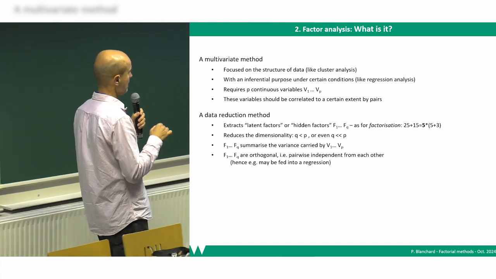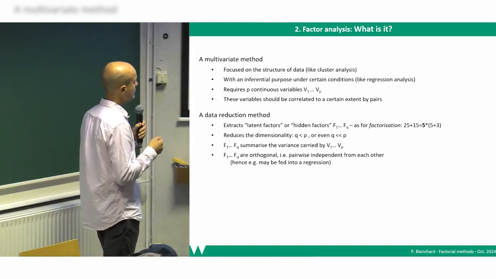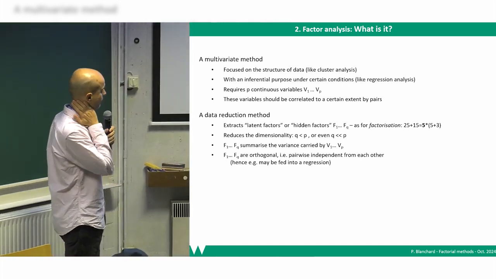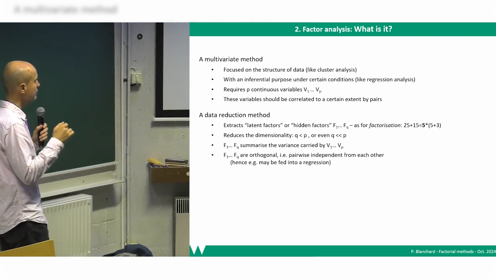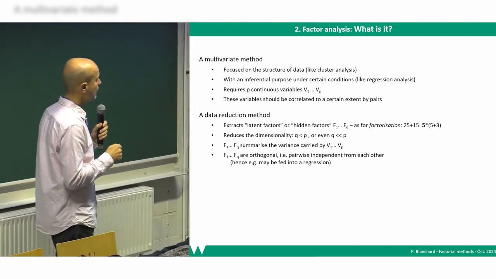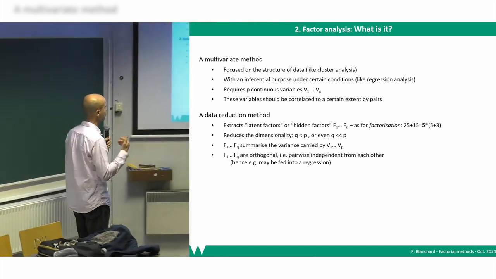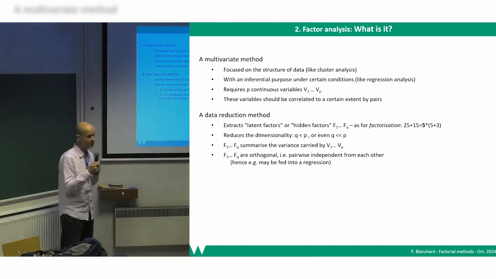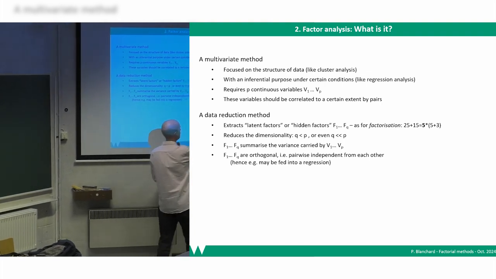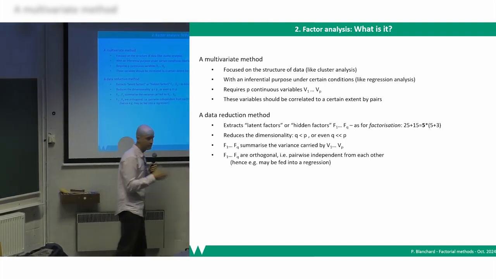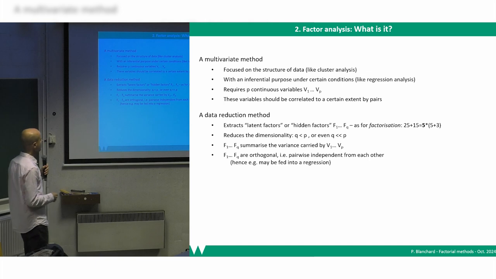It extracts latent factors, that's an expression, or hidden factors, which we call Fs, okay? 1 to Q, Q is smaller than P, Q, as much as possible, is much smaller than P, so we reduce the dimensionality. And the key principle for the whole session, if you like, is this. Okay, you can factorize. You've learned that in high school, maybe elementary.